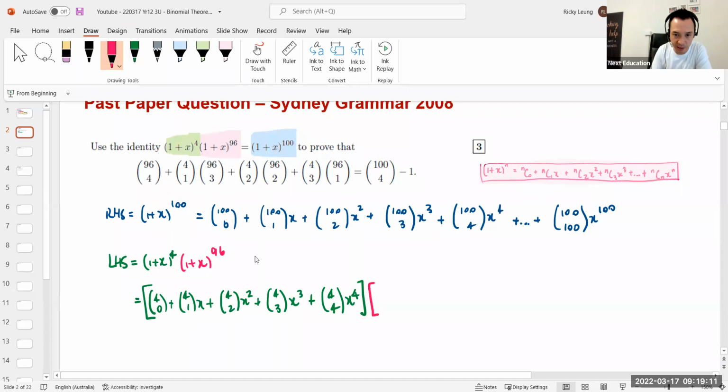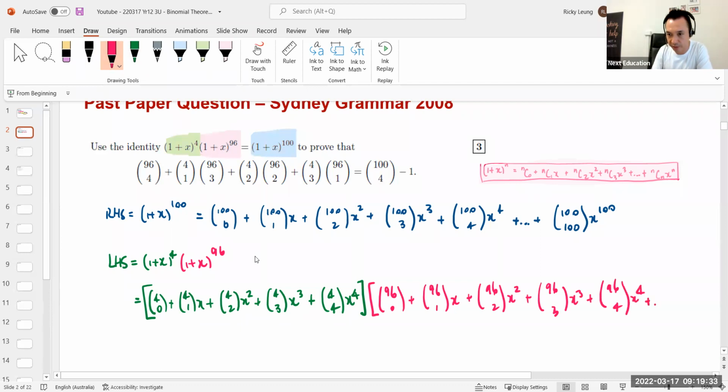It feels a bit tedious, but there is an important message, right? Plus 96C1 x plus 96C2 x squared, 96C3 x cubed, 96C4 x to the 4, plus all the way to 96C96 x to the 96. Now this is great.